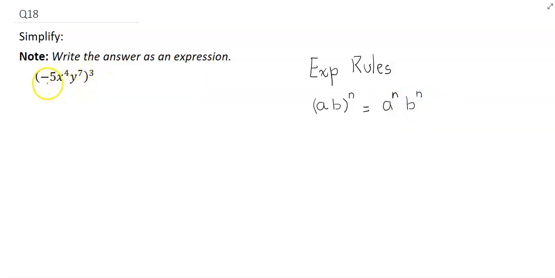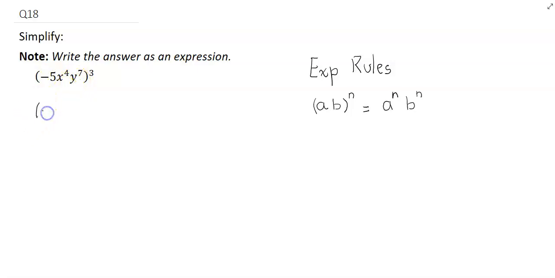So let's look here. I have -5 that multiply x4 that multiply y7. So this is a case like that. And all this is on the power of 3. So I'm going to distribute the power of 3 on each piece of the multiplication.